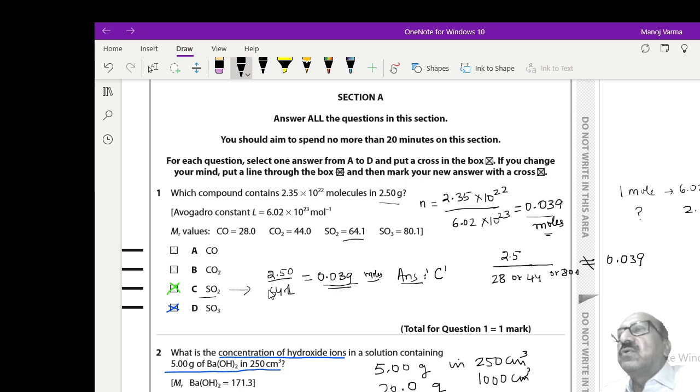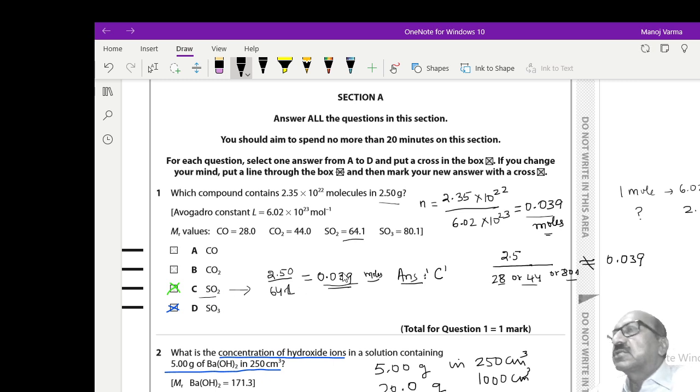If you divide 2.50 by the other molar masses, like 28 or 44 or 80.1, in none of the cases you will get 0.039, which clearly indicates that C is the correct answer for this question.